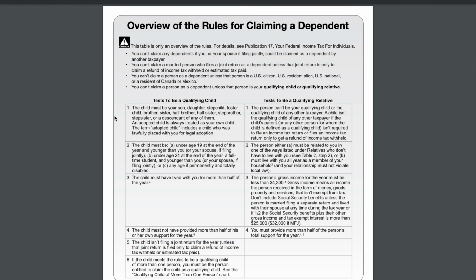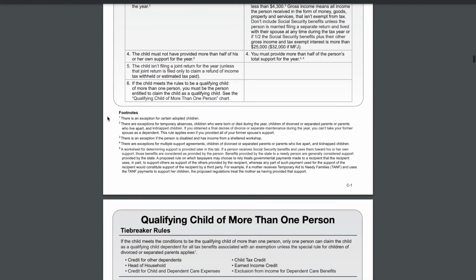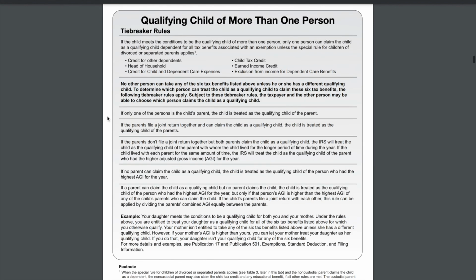And so here, these are some rules for claiming a dependent, and as you'll see, these are the same rules that I just talked about in the slides, but here they are in chart form. That's going to be easier for you to refer back to when you're actually preparing returns. And so this is what I talked about at the end of the slides. They can be claimed by more than one person potentially.